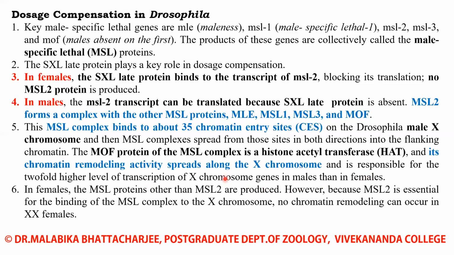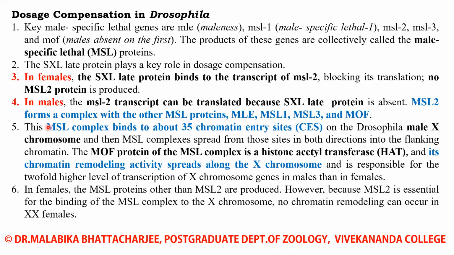In case of females, since there is the SXL protein and it is able to bind to the RNA of the MSL2, what happens? No MSL2 protein is produced. Since there is no MSL2 protein produced, this MSL complex cannot be formed, and if this MSL complex cannot be formed, no chromatin remodeling occurs.